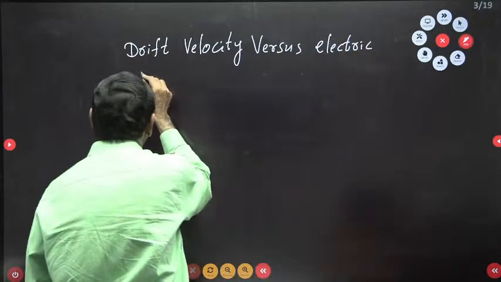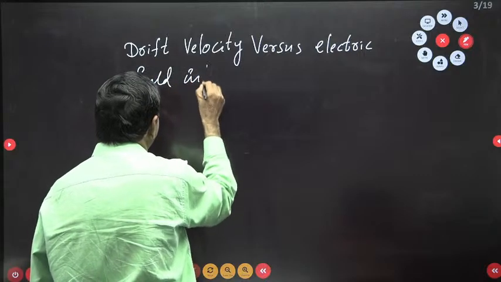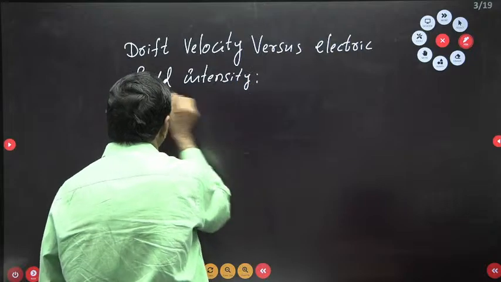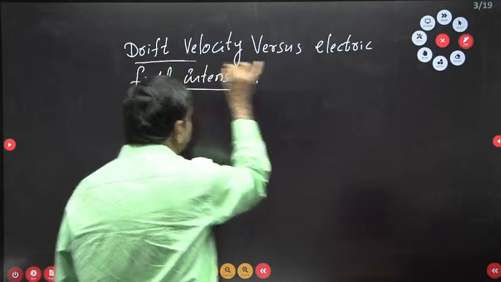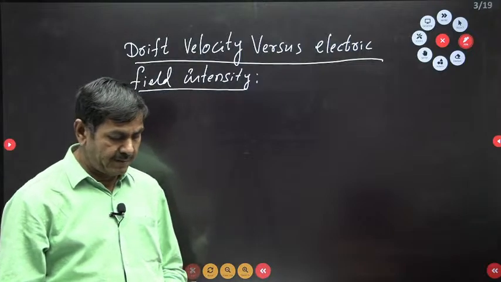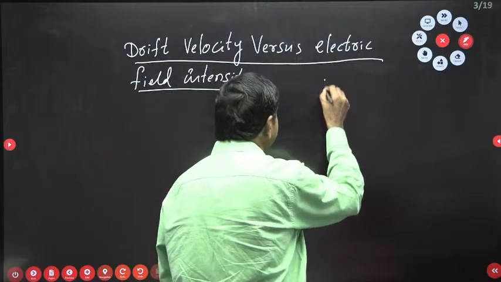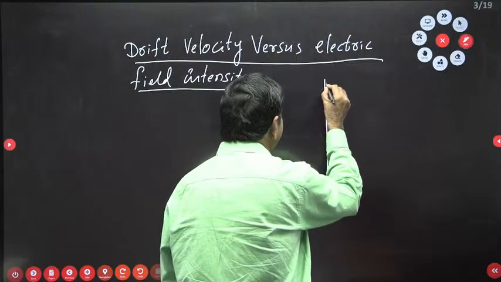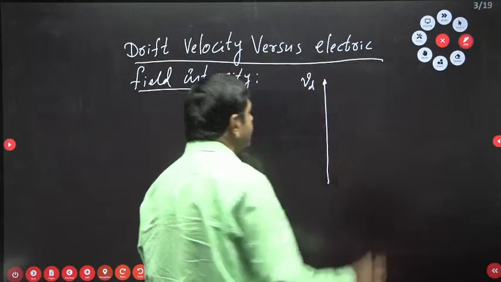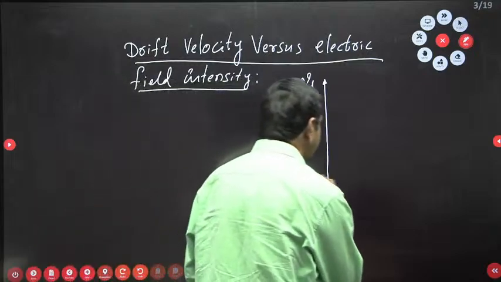Sometimes GATE asks questions based upon this. This axis I have taken as drift velocity Vd, because you will find problems based upon this.